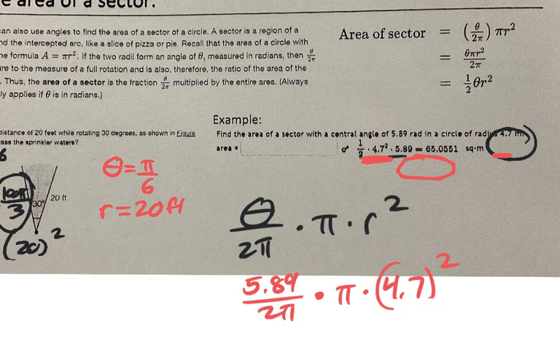Yeah, they're just showing it worked out. I don't know why they have 1 over 2. Just ignore that part. It could be 1 over 2 pi, right? It's like they left the pi off.